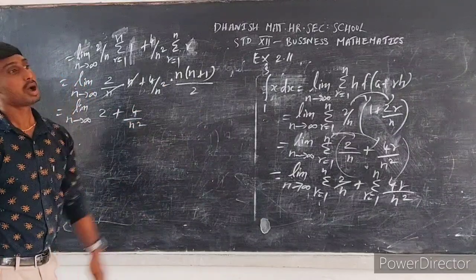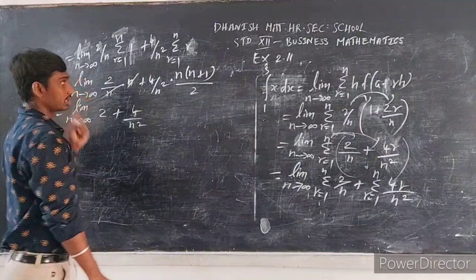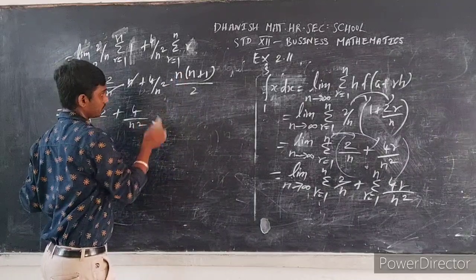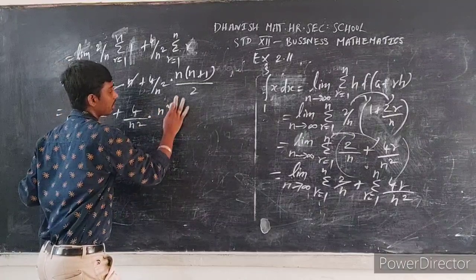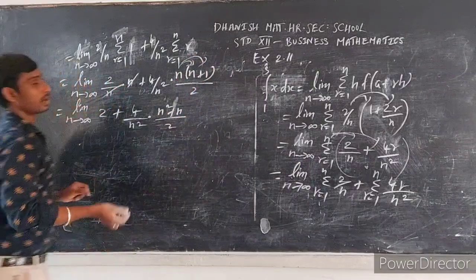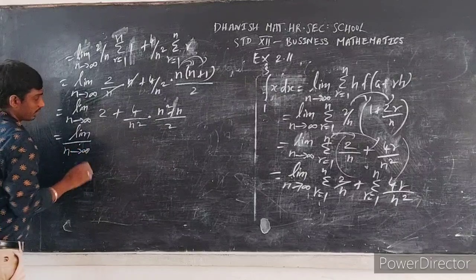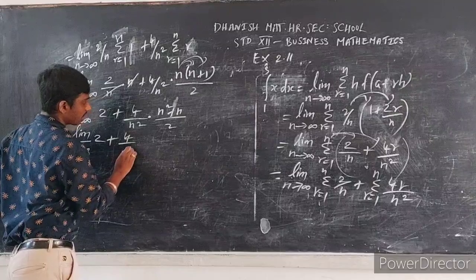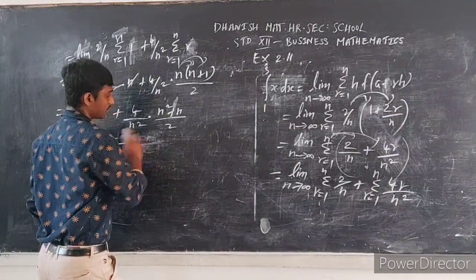Now I am going to multiply these values here. So no need to write like this. Here simply you have to cancel this one. n square, first multiply this one. n square plus n. So then limit n tends to infinity 2 plus here 4 divided by n square, here we are getting n into n plus 1 divided by 2. So let's multiply this one.